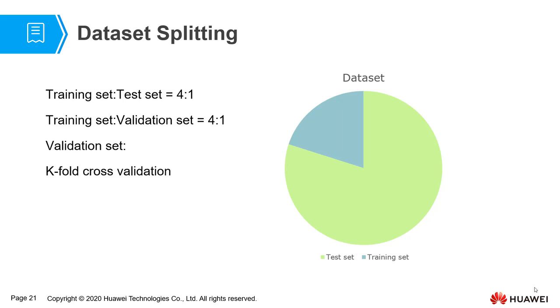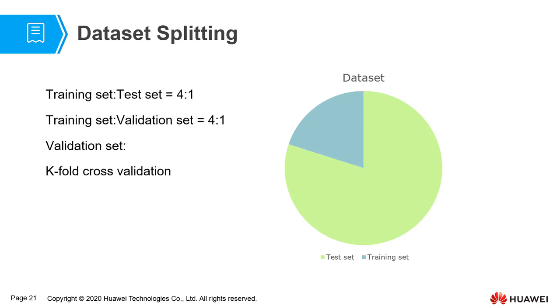When training a model, we may split the training set further into more training sets and a validation set. In this case, we can use the k-fold cross-validation method. If we use the 5-fold cross-validation method, we divide the training set into 5 parts. When the model is trained for the first time, the first part is used as the validation set, and the other parts are used as the training sets.